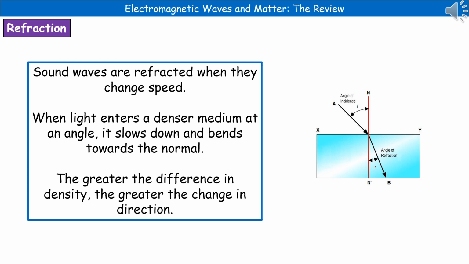You can see the normal is that red line running vertically through the block itself. As our light comes in at the angle, the side that hits the glass first slows down first, and then it's going to bend that light towards the normal, as you can see in the diagram.